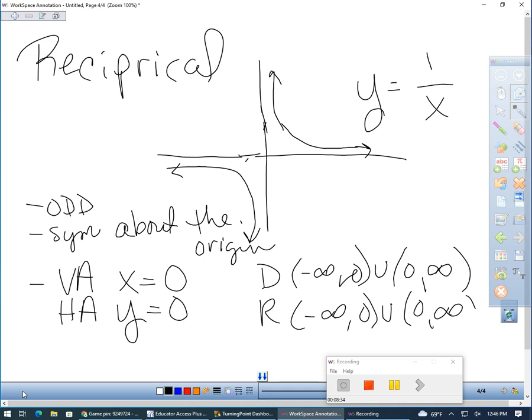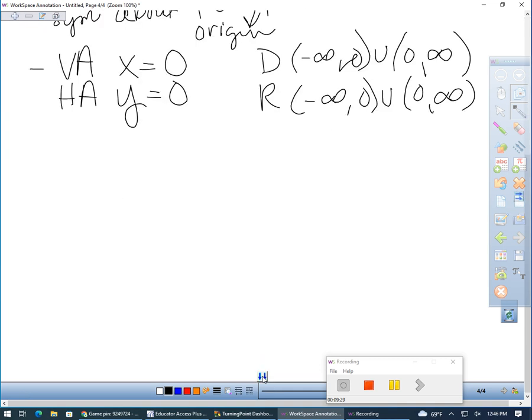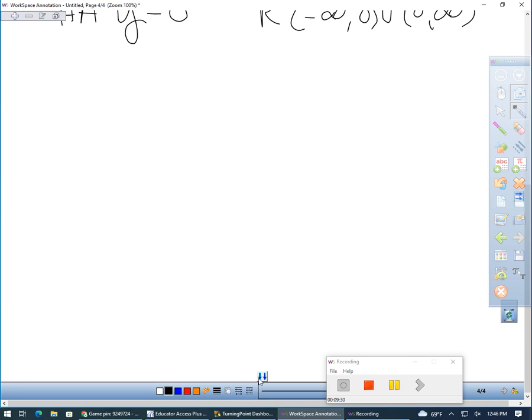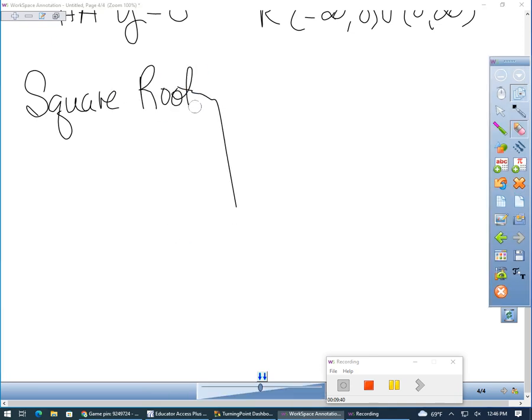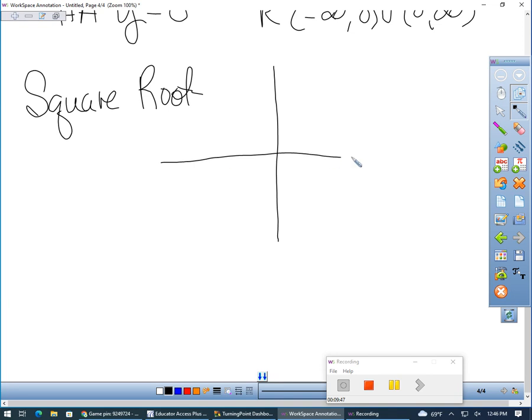All right. Let's go to function number 5. This one is the square root function. A square root function is, again, one of those that we graphed last year and then we translated.